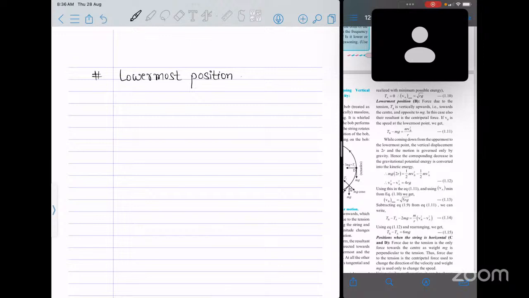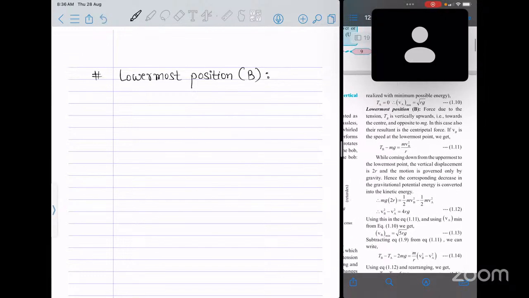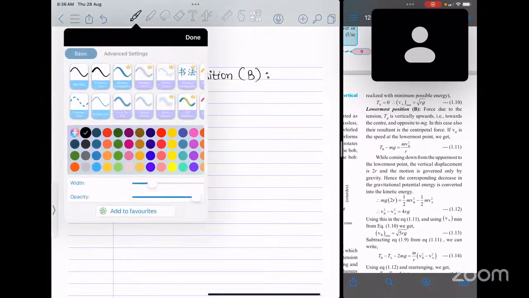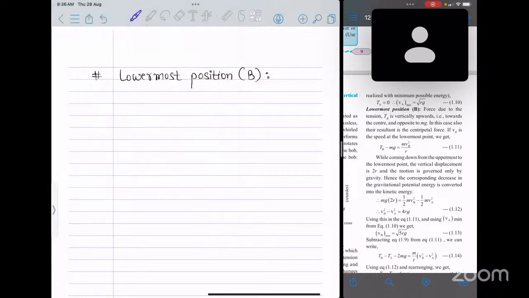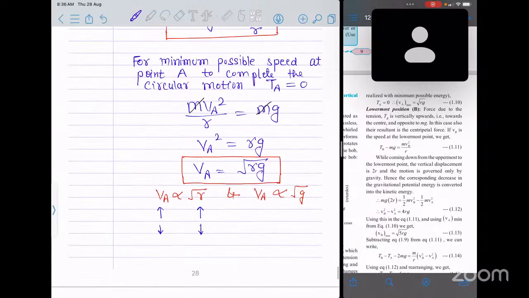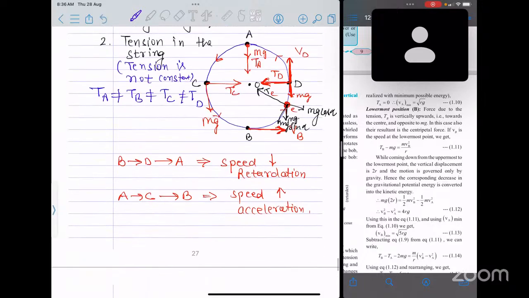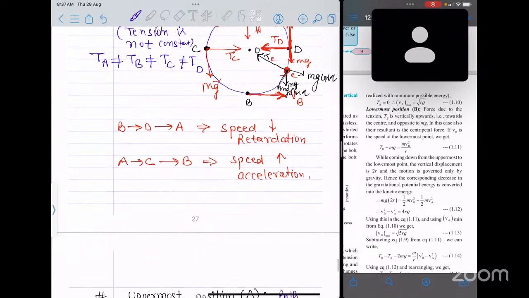Lowermost position, B. If you look at it, at the lowermost position, weight will be downward, mg, and tension at point B will be towards the center, TB.